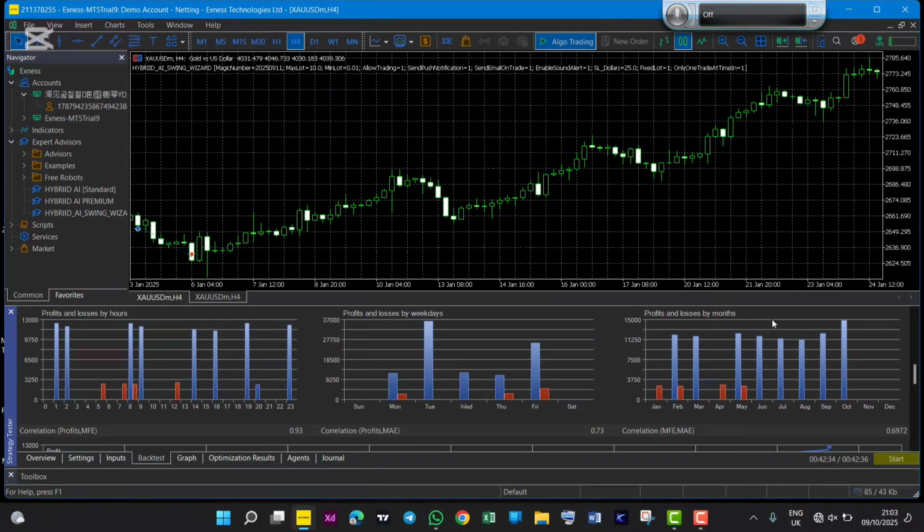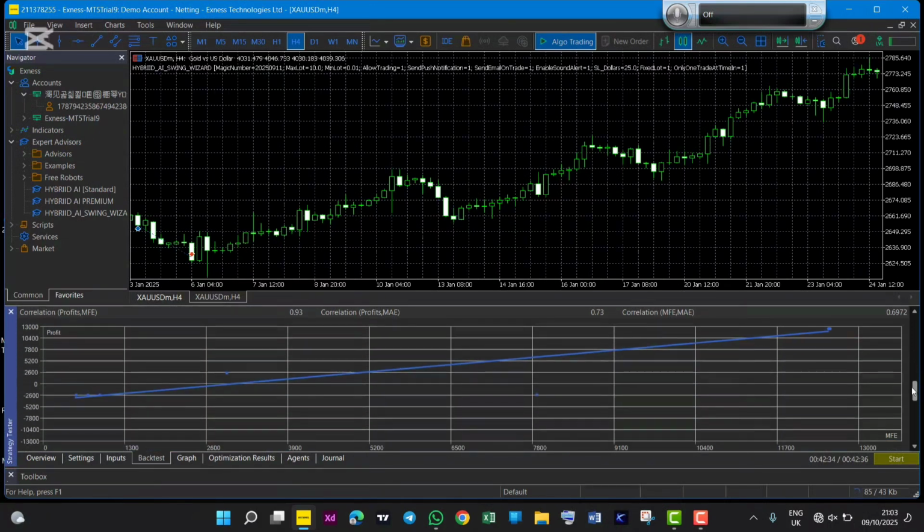This is the most important thing here. Remember, we started our trade from January to October, and look at how the robot performed. The red bars are the losses, while the sky blue are the profit bars. So let's check our equity curve.